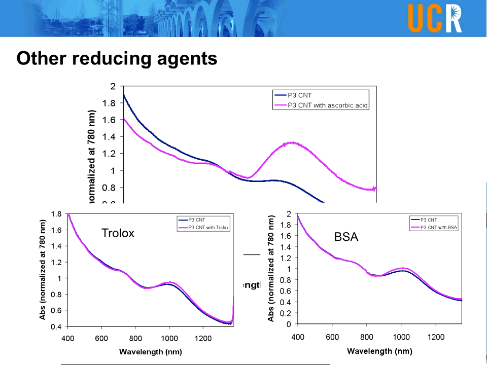However, we found out vitamin C can be oxidized by the CNT itself. T3, that means the carboxylated CNT, but the effect of Trolox on the CNT itself is very small.